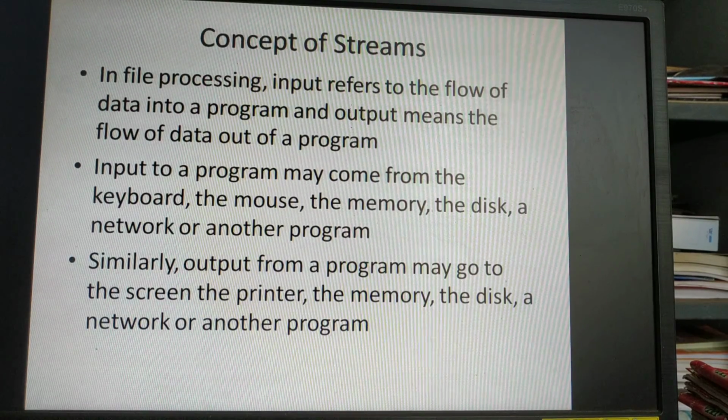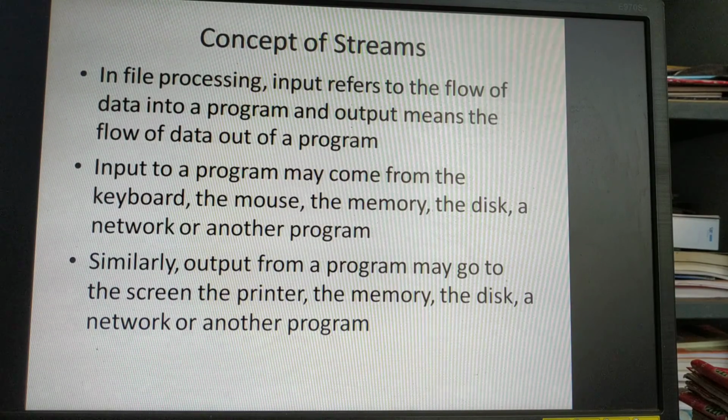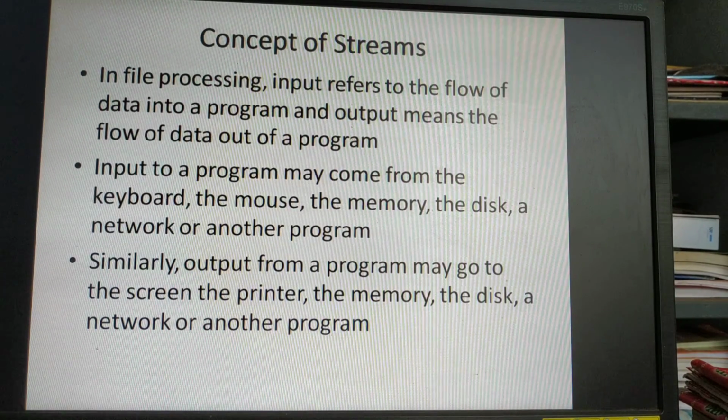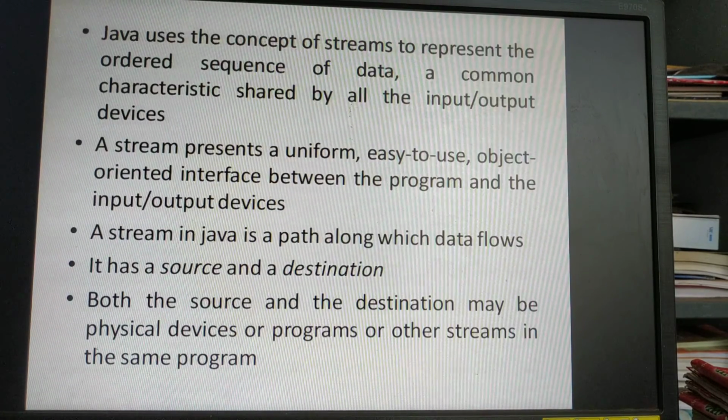In file processing, input refers to the flow of data into the program, and output means the flow of data out of a program. Input to a program may come from the keyboard, the mouse, the memory, a disk, a network, or another program. Similarly, the output from a program may go to the screen, the printer, the memory, the disk, a network, or another program.